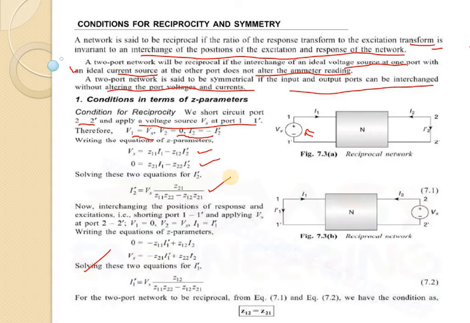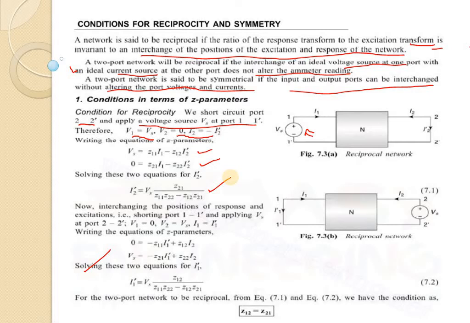The equations are 0 equals minus Z11 I1 dash plus Z12 I2, and Vs equals minus Z21 I1 dash plus Z22 I2.